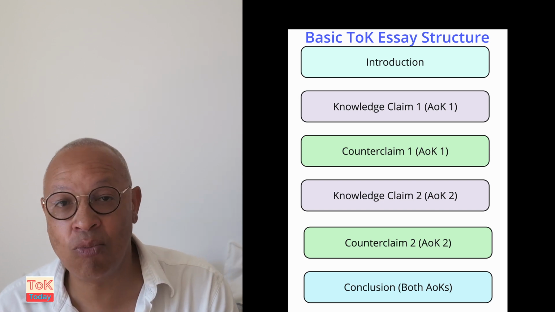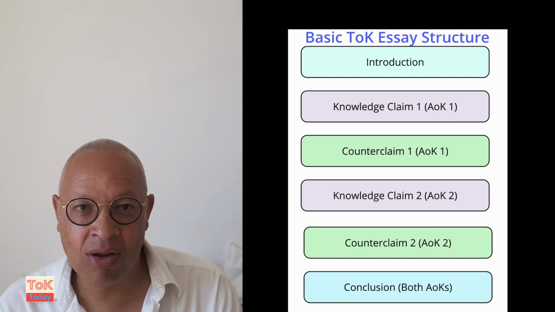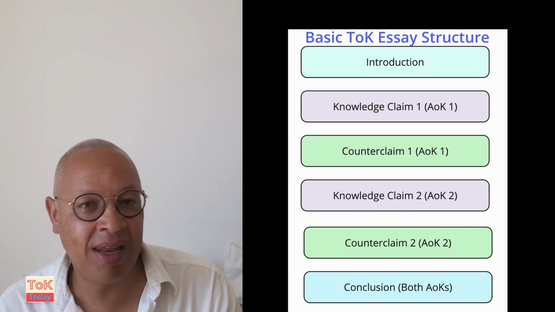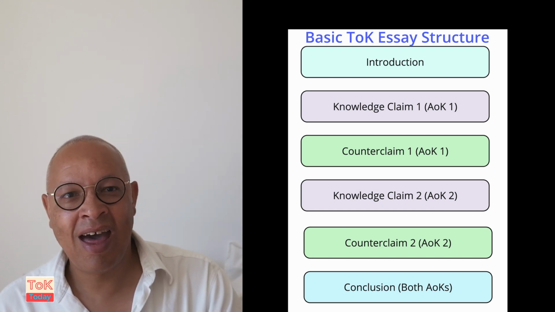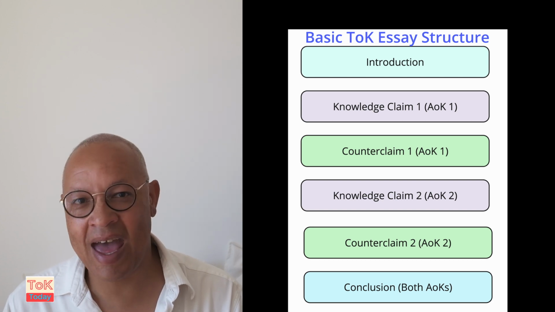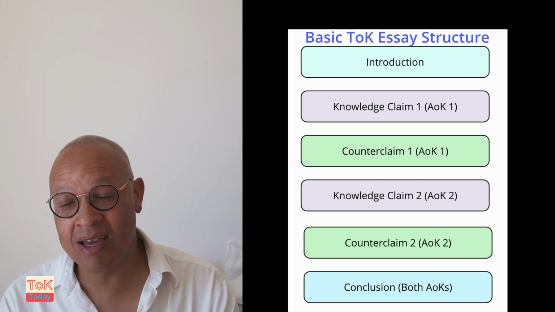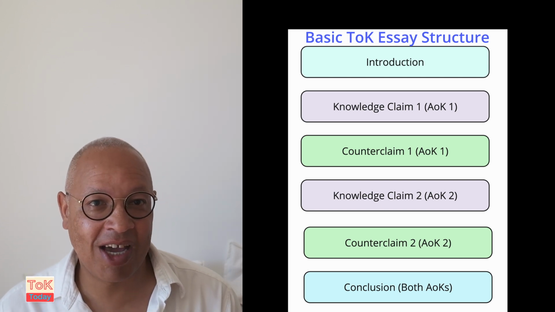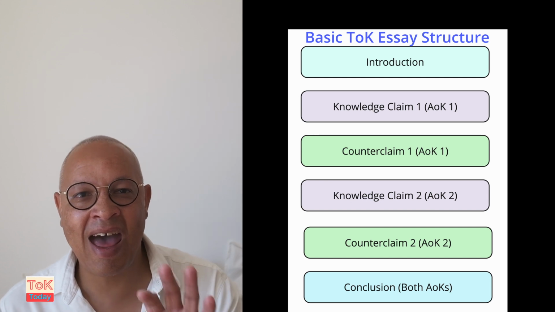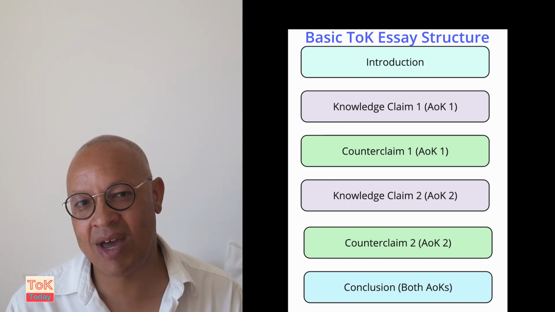And then knowledge claim 1, which pertains to AOK 1, counterclaim 1, which pertains to AOK 1, and then knowledge claim 2, which is about AOK 2, and counterclaim 2, which is about AOK 2, and then a conclusion in which you bring the arguments together from both AOKs, you sum up the evaluation points that you've made, and you maybe touch on some of the implications again that you've also made earlier.